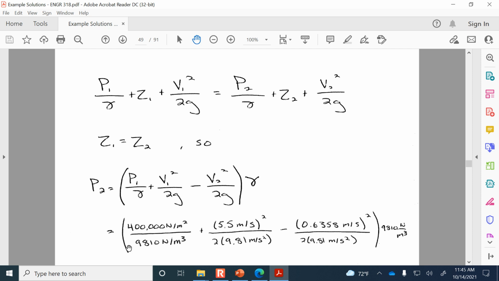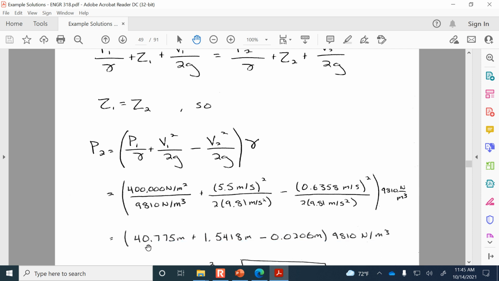Because if you wrote 1,000, then you'd have to also write kilograms per cubic meter, and then you'd see those kilograms and you'd say, oh wait, it shouldn't be kilograms because I've got newtons in the numerator. I need newtons in the denominator as well. So that's part of the reason why I think it's worth the extra effort of writing in the numbers and the units, is that you'll find and avoid mistakes that you'd rather not make.